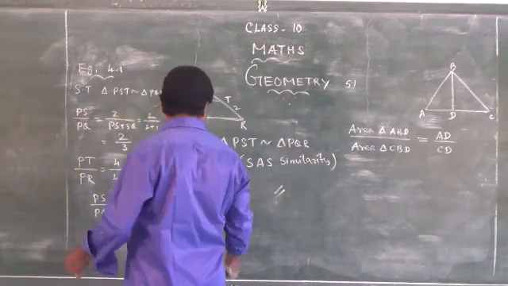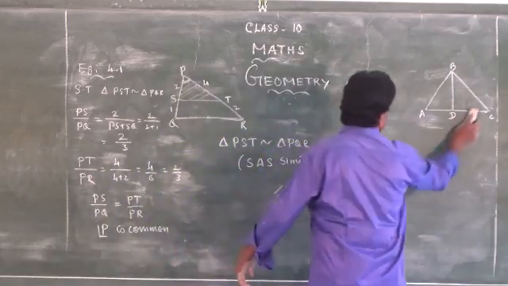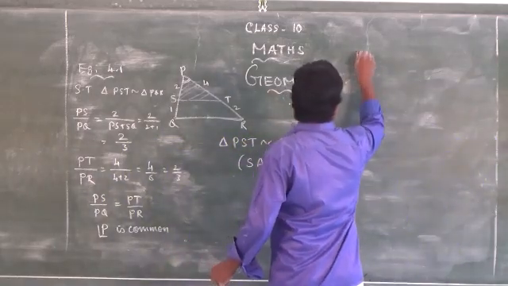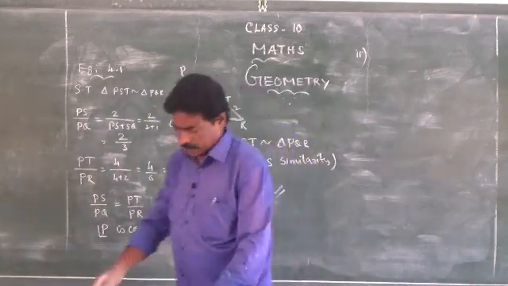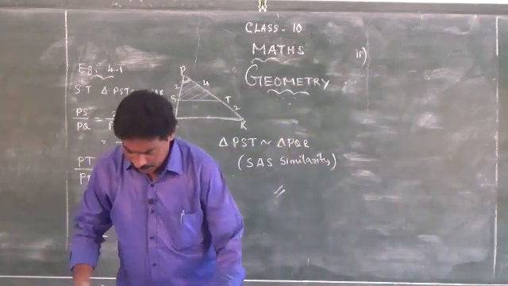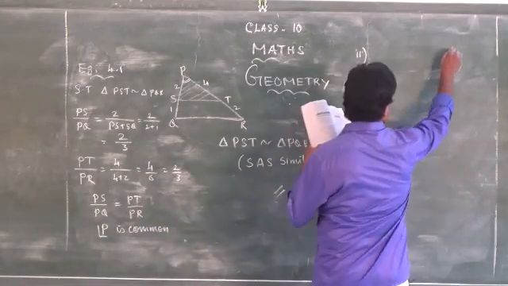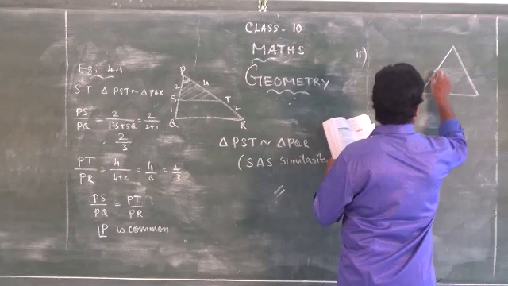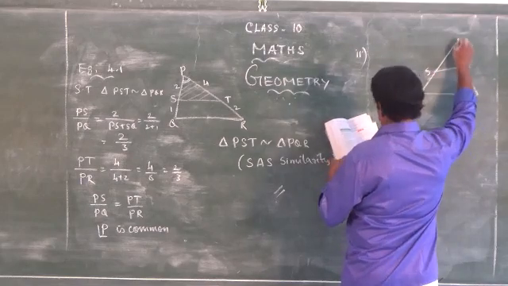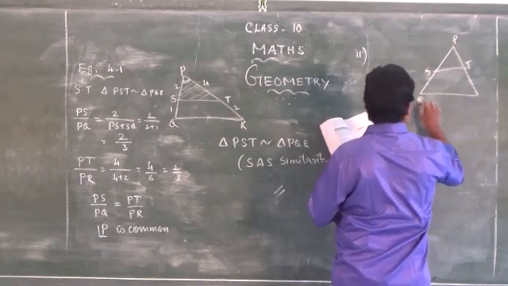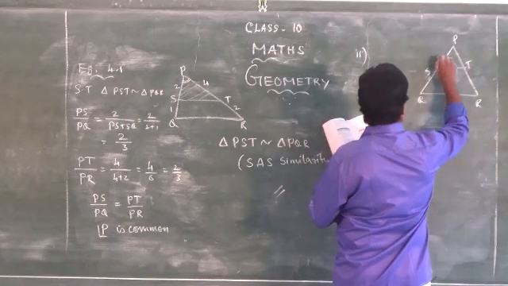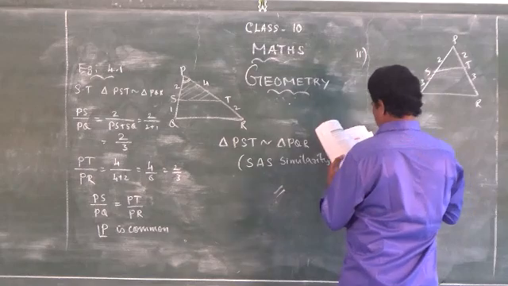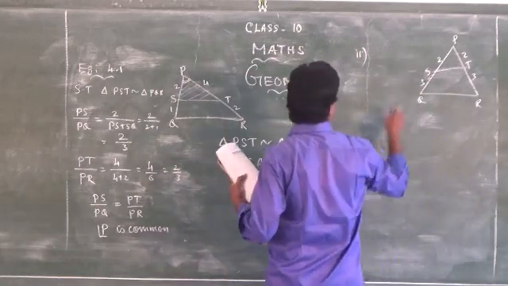One more. The second sum is the last one, and then we will come to an end. The diagram is given; look at the diagram. Same thing, you have to show that PST is similar to PQR.